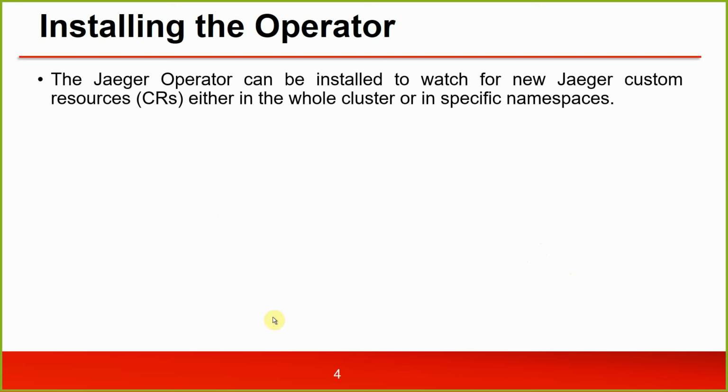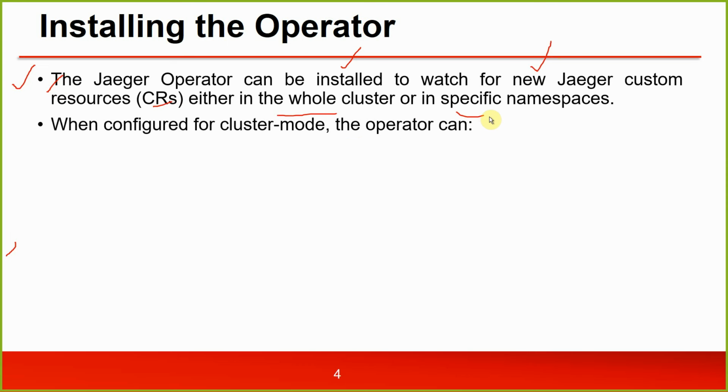So how do we install this operator? The Jaeger operator can be installed to watch for new Jaeger custom resources, that is the CRs, either in the whole cluster or in specific namespaces.